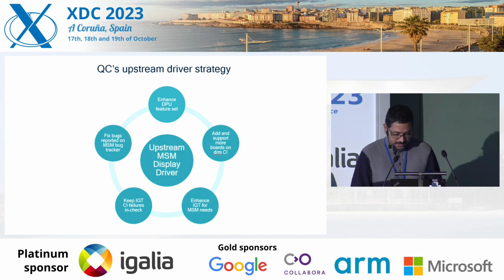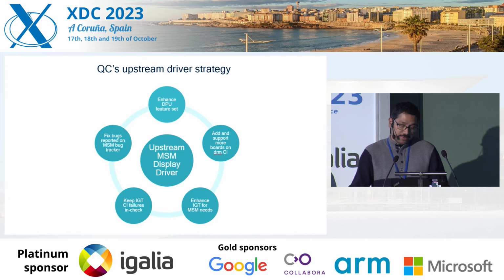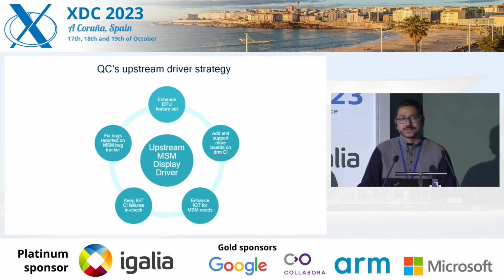The second aspect is that we have an MSM bug tracker now to report any bugs from the upstream community. We have a very vibrant community which continuously validates the devices that they have and reports the bugs back to us.